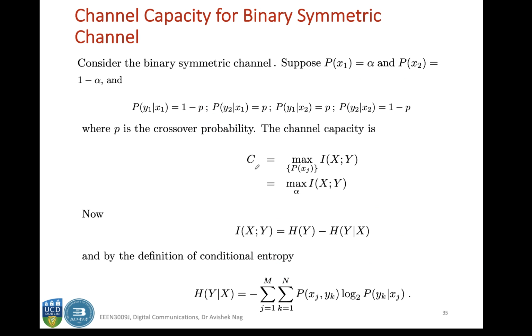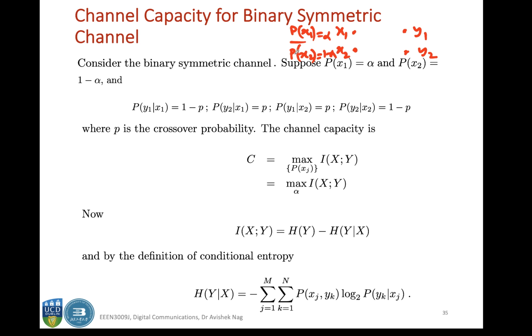Okay, so let's look into an example. Let's consider the binary symmetric channel that you studied so far. The binary symmetric channel had two inputs, x1 and x2, and two outputs, y1 and y2. Let's say the probability of x1 is alpha and the probability of x2 is 1 minus alpha.